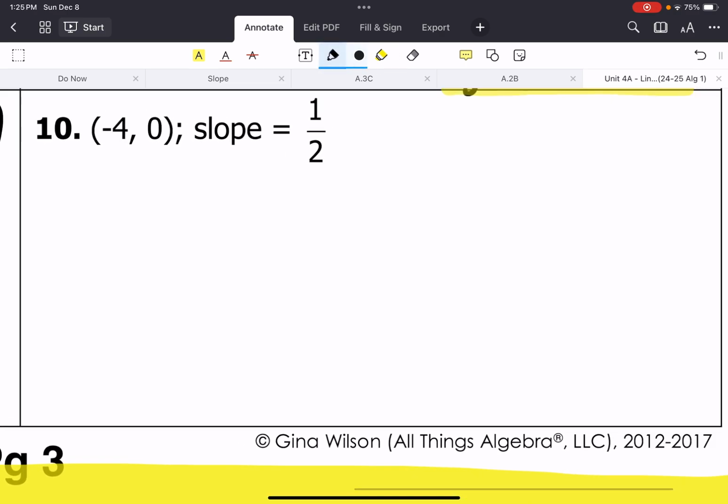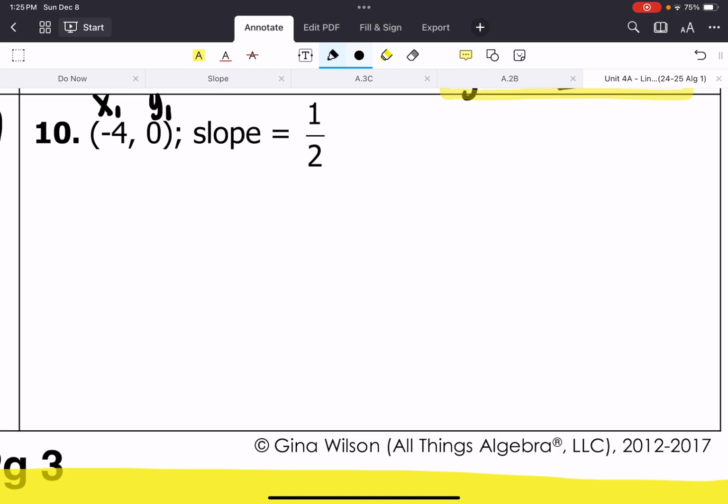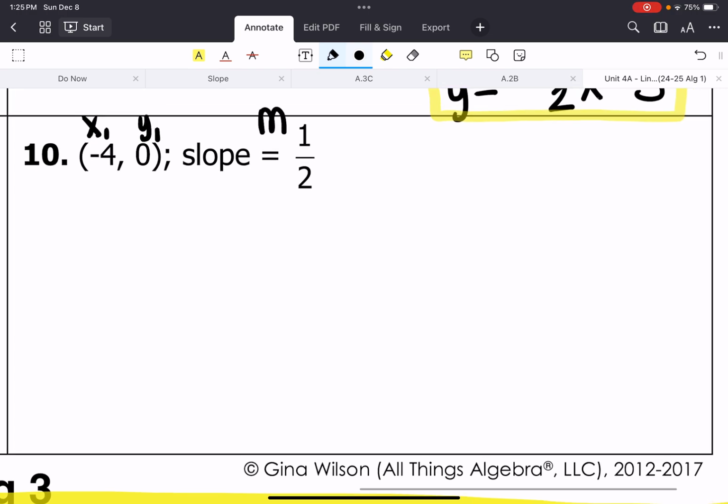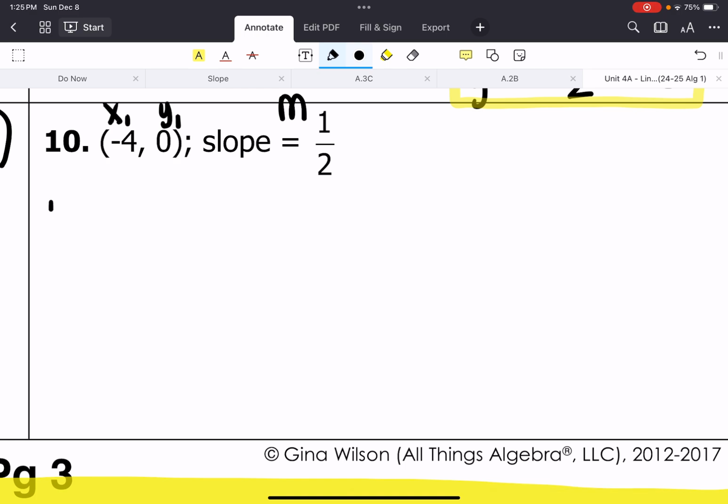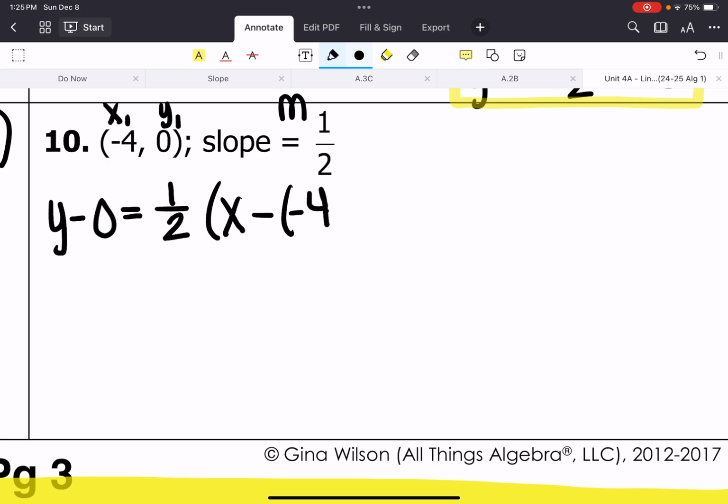Okay, number 10. This time x1 is negative 4, y1 is 0, and m is 1/2. Still using our point slope form, you have y minus y1, which is 0, equal to m, which is 1/2, times the difference of x minus x1.